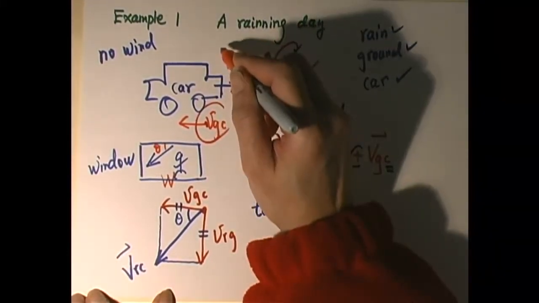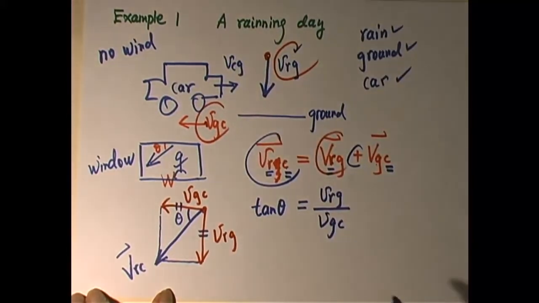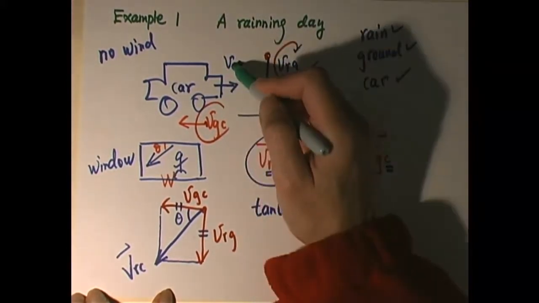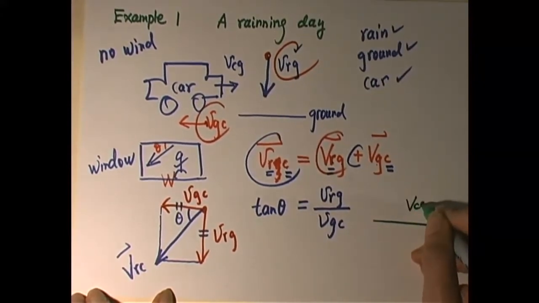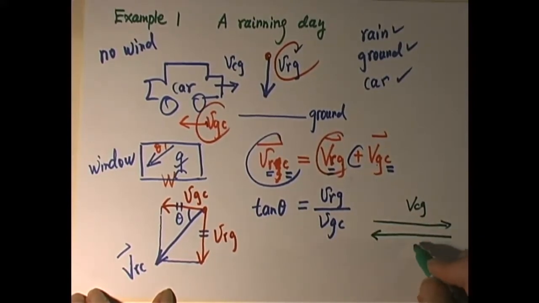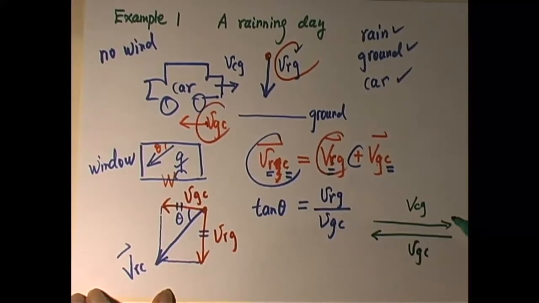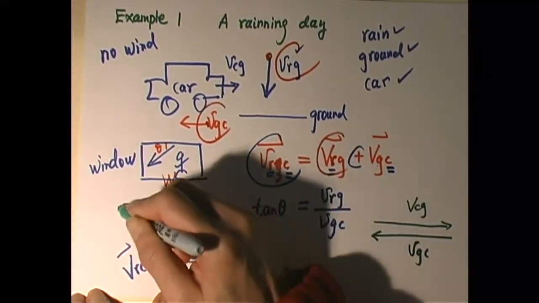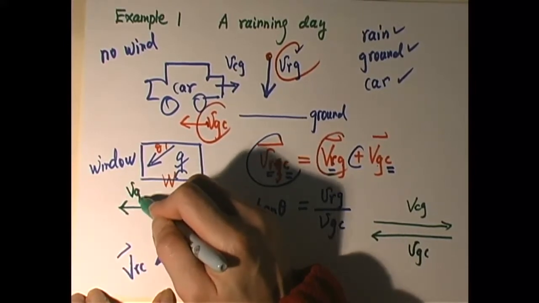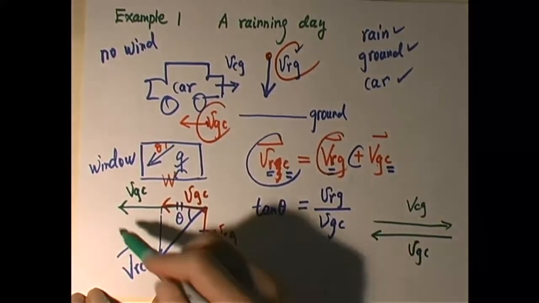If V car to the ground is bigger, bigger means longer. If V car to the ground is longer, then V ground to the car is also longer, but in the opposite direction, because longer means traveling faster. So imagine now V ground to the car is this long. How do you construct the parallelogram?